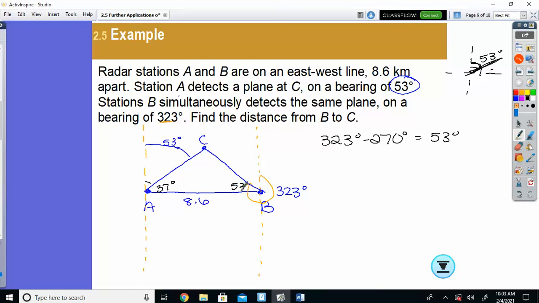So this angle is 53. Now if you add those together, that adds up to 90, which means this angle is 90. If you think about an XY axis, from here to here is 90, another 90 is 180, another 90 is 270. Does that make sense?